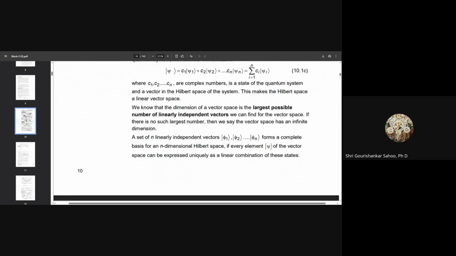The state psi is a state of the quantum system and a vector in the Hilbert space of the system, and this makes the Hilbert space a linear vector space, which you know from your mathematics class.